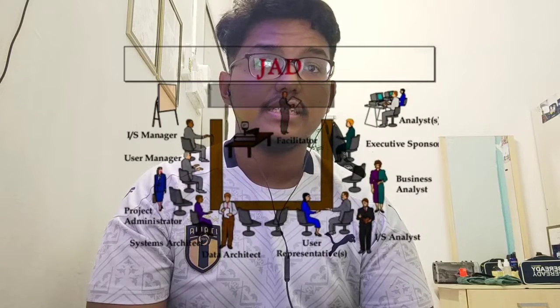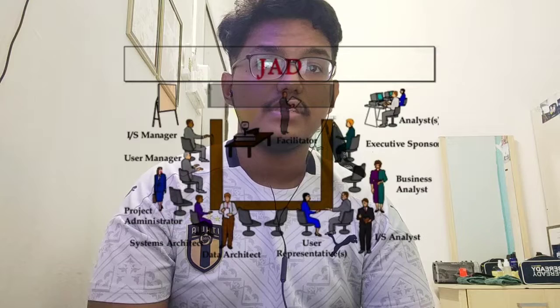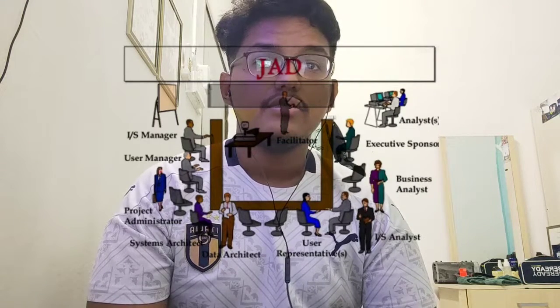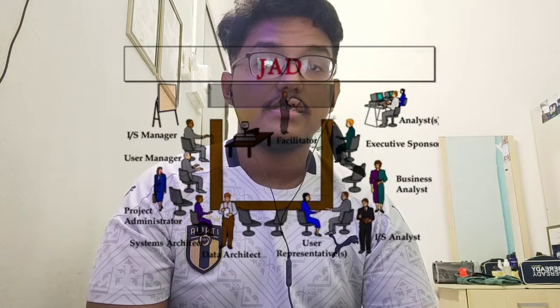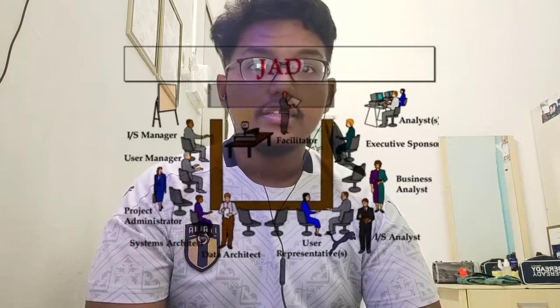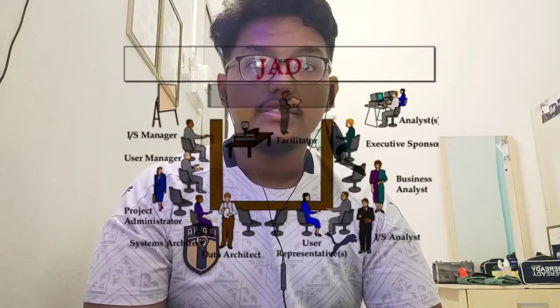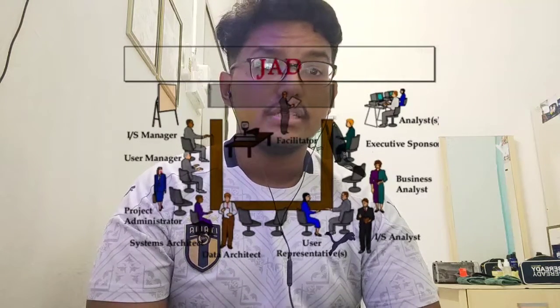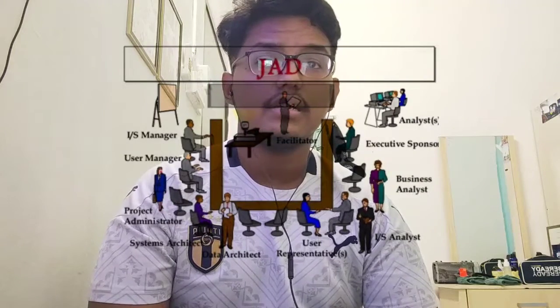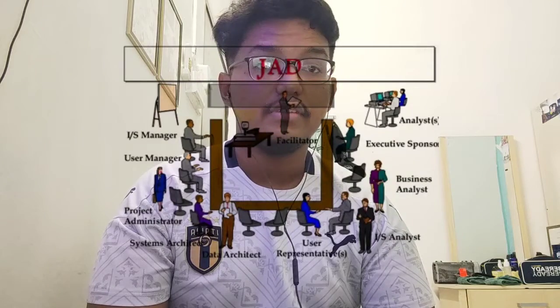Then the second one is analyst, executive sponsor, business analyst, user representative, data architect, system architect, project administrator, user manager, and manager. This is an example of a meeting if we use joint application development.